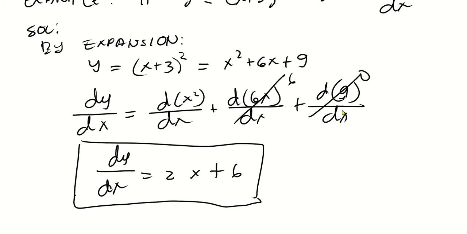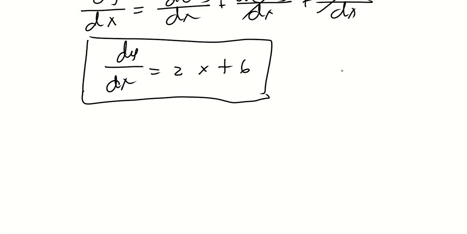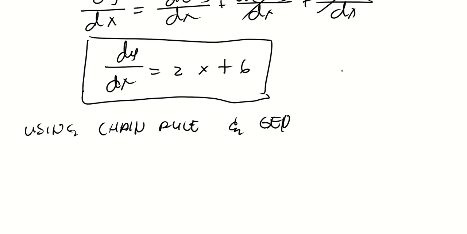But using the chain rule and the general power rule, without expanding first. So here, this is y equals (x + 3) squared.